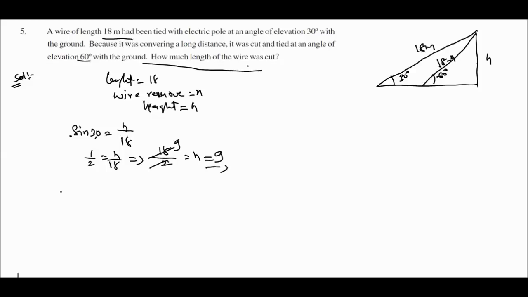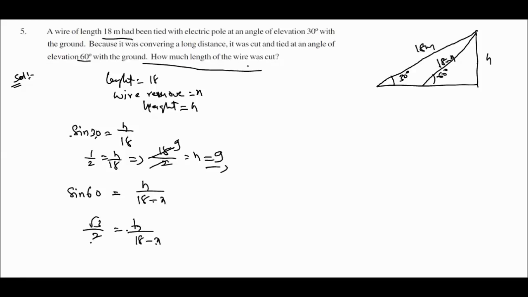Another thing, we have to do sin 60. Sin 60 is equal to h by 18 minus x, this one, opposite by hypotenuse. Sin 60 is root 3 by 2, equal to h by 18 minus x.